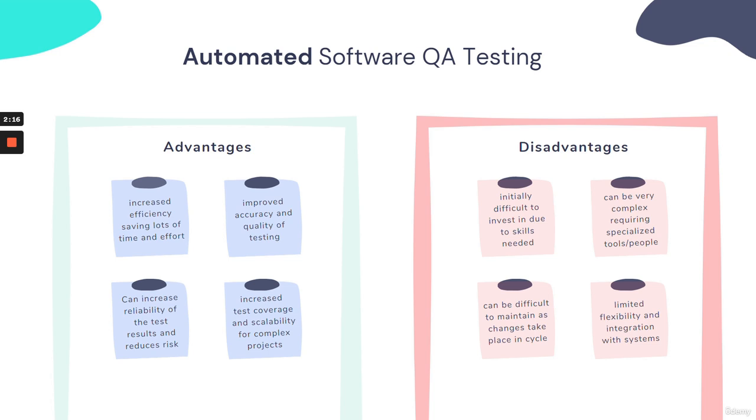Some of the disadvantages of automated software QA testing are that it's initially difficult to invest in due to skills needed. It can also be very complex, requiring specialized tools and personnel. It can be very difficult to maintain as changes take place in the cycle all the time. And limited flexibility and integration with several other systems.